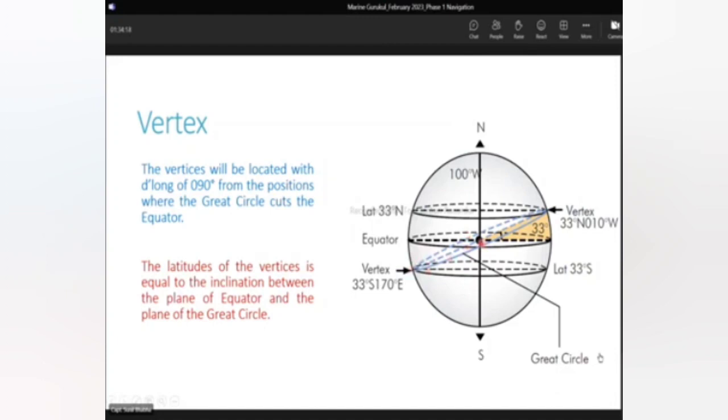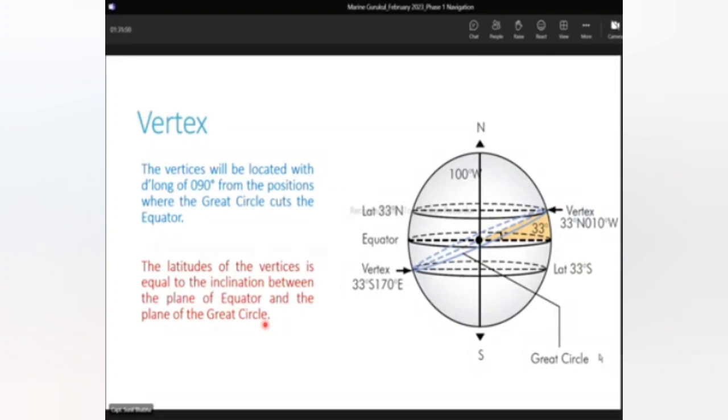The plane of the equator and the plane of the great circle have an angle of inclination, or angle of cut, represented by this yellow sector. This angle of cut is 33 degrees. This property says that the latitude of the vertex will also be equal to 33 degrees. So, beta, let me know your doubts if you have any.